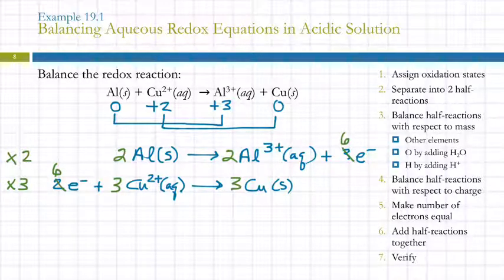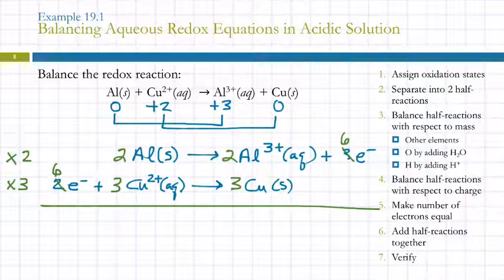So we're multiplying everything in the half reaction so that we can get the number of electrons to be the same. Don't care about anything else. I want the number of electrons released in this to equal the number of electrons gained there. Then we're going to add these 2 equations back together.